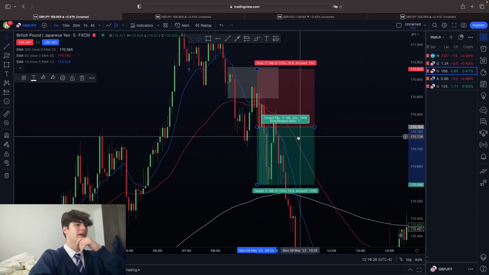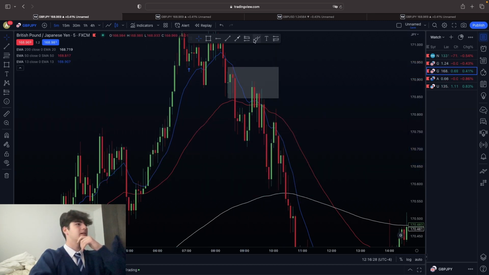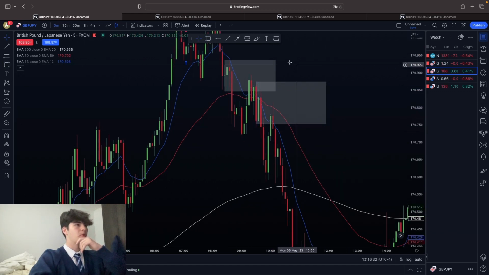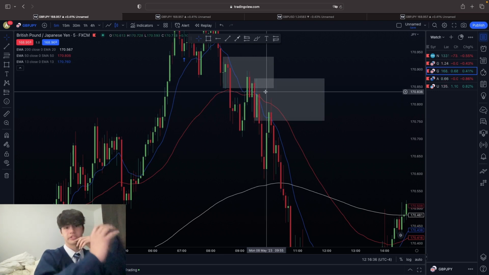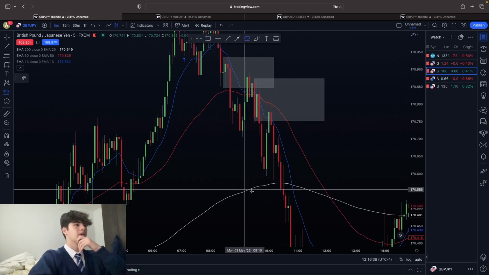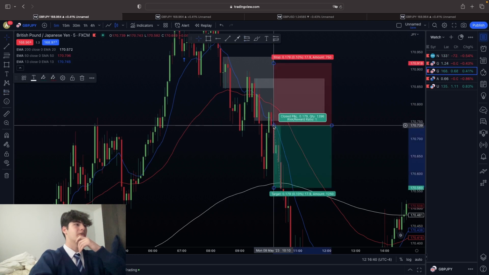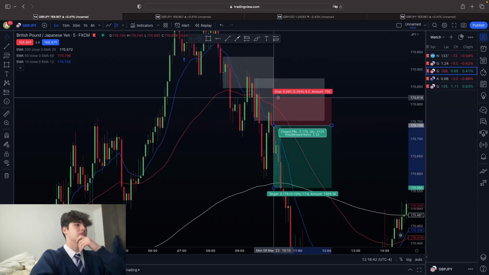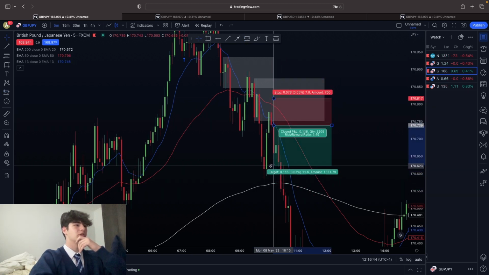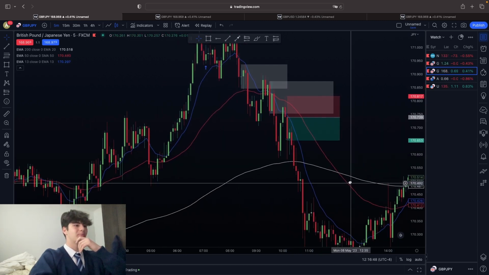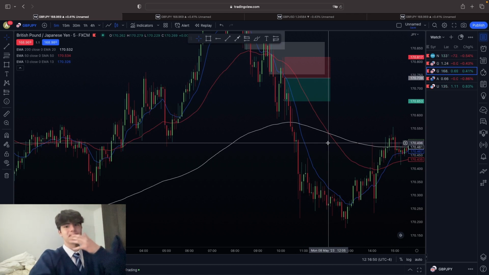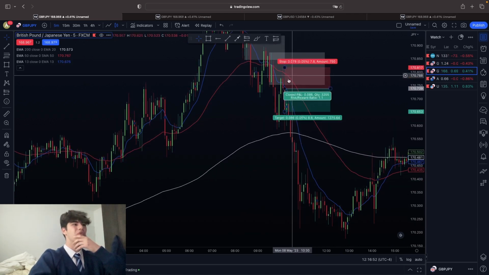I got it out at break even. Then it created another supply, but this one was low probability, but I did like it because it was still in line with the first supply that I took. So I just got in, an aggressive entry, something like that, stop above, and I just took it 1-to-1. This did keep running as I expected, but since it reversed, I didn't want to hold.